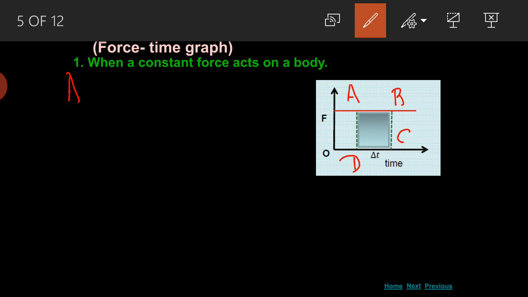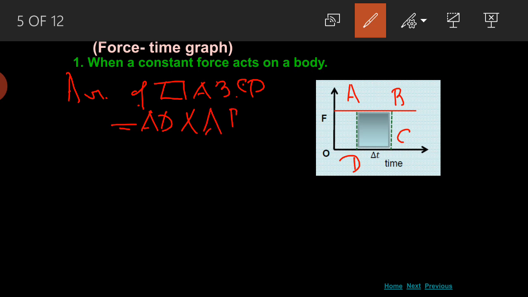So, the area of the rectangle A, B, C, D is equal to AD multiplied by AB.